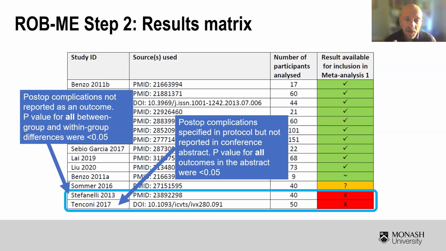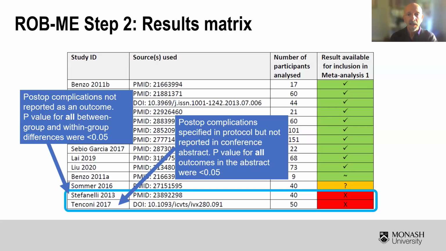But when we look at the study reports, we find that every result they did report had a p-value smaller than 0.05, which may be genuine, but it also raises some eyebrows. It's suspicious that possibly they did some other analyses that reached p-values bigger than 0.05 and didn't report them, including potentially post-operative complications. So we've got some level of concern about that one.